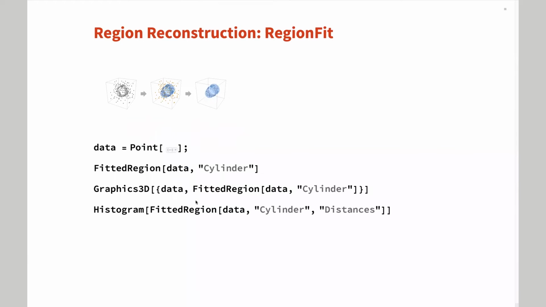The first function we introduce is FitRegion. This function tries to find a region that best fits a data set, and this is actually a parametric region. If you have a set of points, you want to find the plane which best fits those points, or a cylinder which best fits those points.